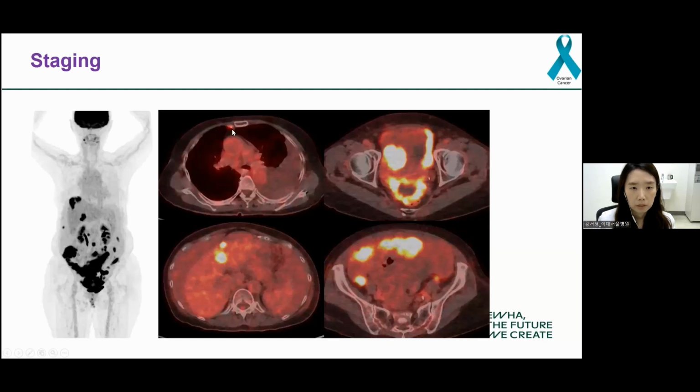Also, in the internal mammary chain, hypermetabolic lymph nodes suggest metastasis, and there is also a large amount of pleural effusion in the left thorax. So this patient was also diagnosed with stage 4 ovarian cancer.